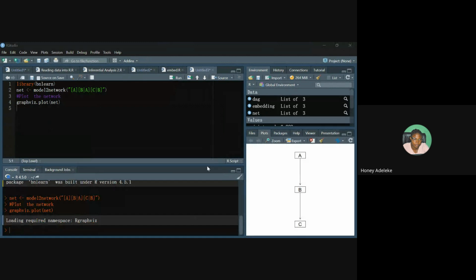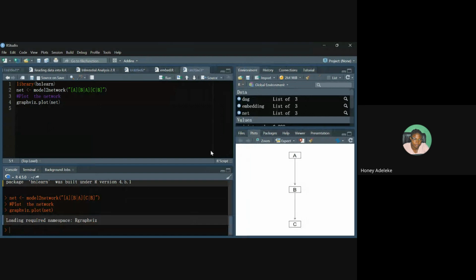So we have this. I want to believe that we can see this. A is the parent node, which is why it's standing alone. Then we have B given A, with A being the parent and B being the child.